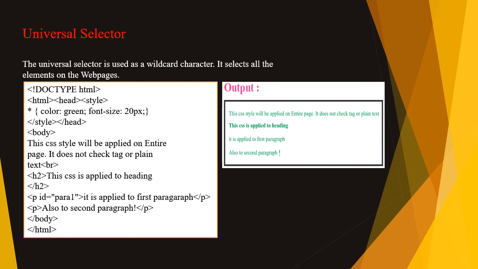H2 element, H2 element, again p element and paragraph element. So this style is applied to each and every element in the web page. So this is nothing but the universal selector.